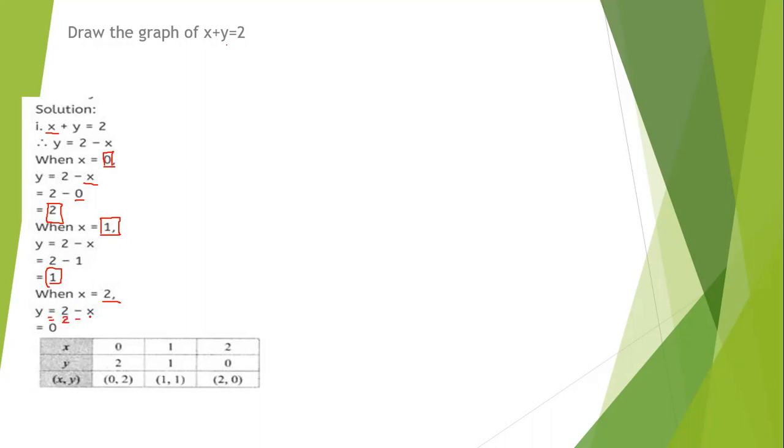Now in place of x we will write the value of x, that is 2. We have taken it as 2, right? So I am writing here 2. 2 minus 2, the answer will be 0. So when the value of x is 2, the corresponding value of y will be 0. So same we have to write in the table 2, 0 and that is 2, 0. So the working part is over. Now we have to go for the plotting.